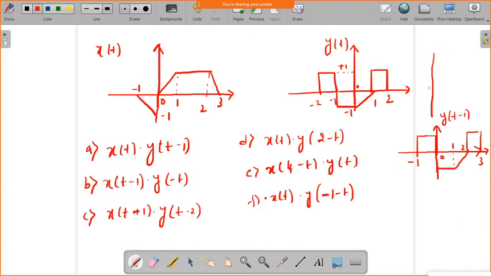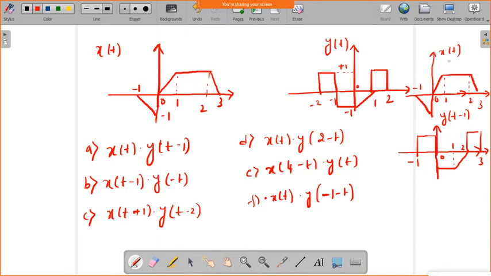Have you done it? Similarly, write the same x of t, that is minus 1 to 0, and 0 to 3. It is 2 and it is 1, here it is 0.